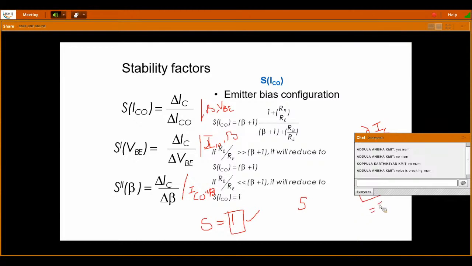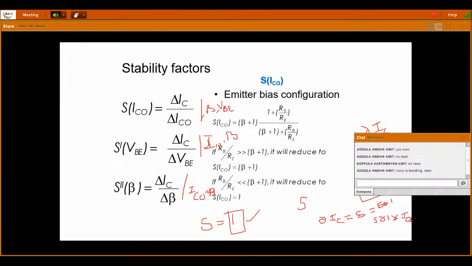For example, if I take beta as 500, then S is equal to 501. So the change in collector current is equal to 501 times the reverse saturation current, or the leakage current. It is multiplied by 501 times the leakage current. Hence it depends on the variation of the leakage current by a factor of 501 times.